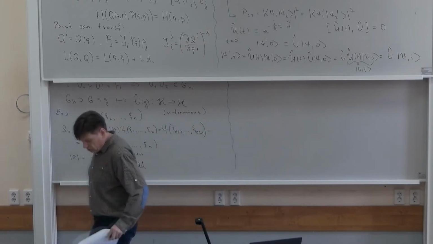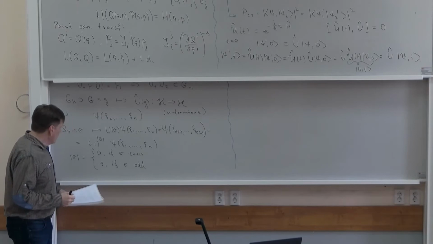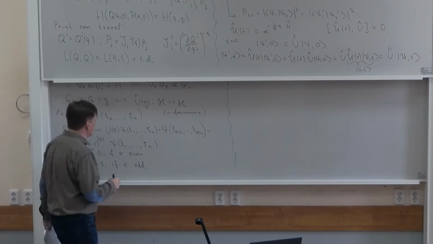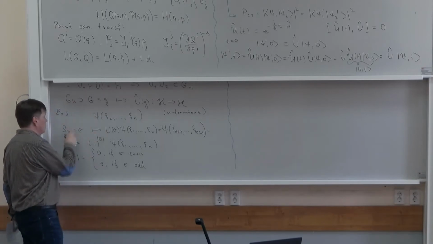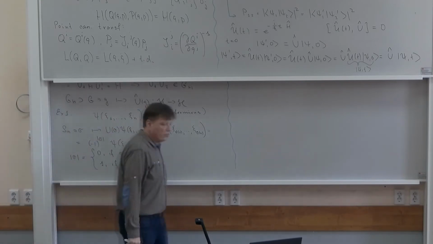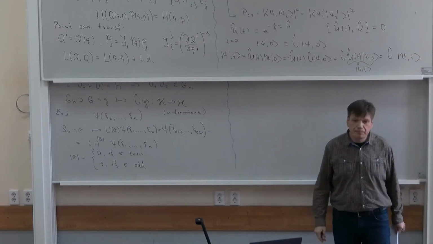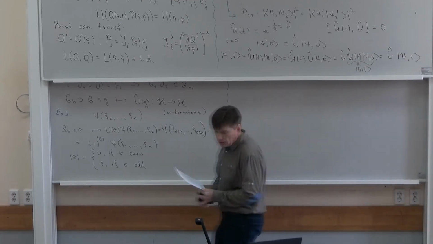So it is a symmetry. So we get a representation of the symmetric group in the Hilbert space of n identical fermions. Any questions? Yes.